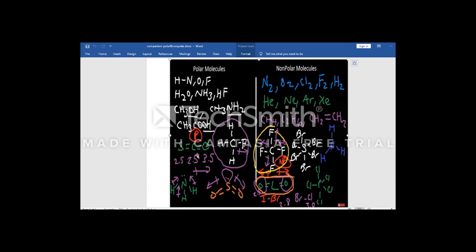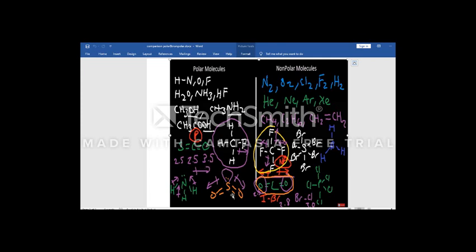But on the other hand, C is 2.5 and O is 3.5, so the electronegativity difference is 1. We must know that the difference must be at least 0.5 to be polar. So it's a polar bond.